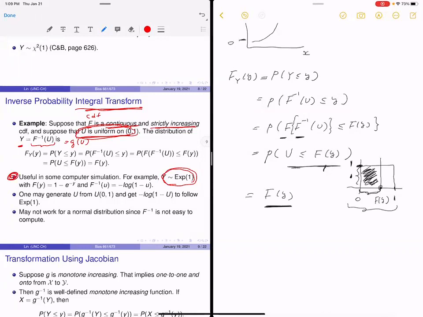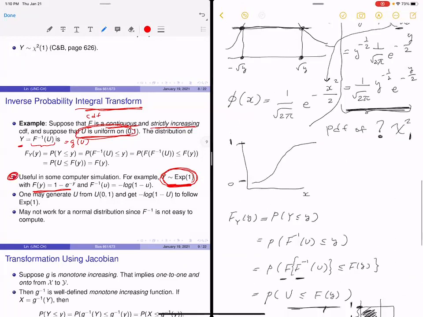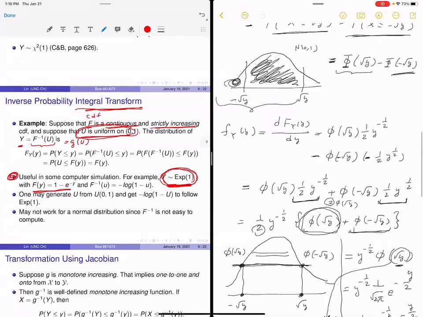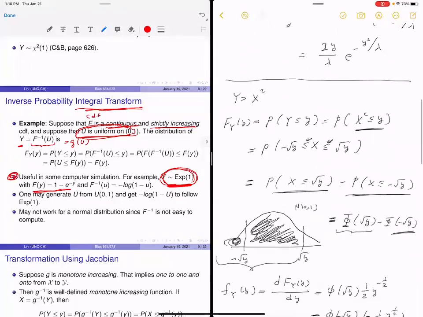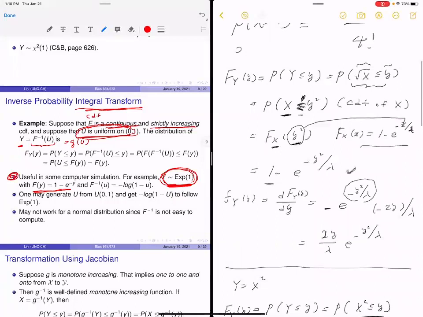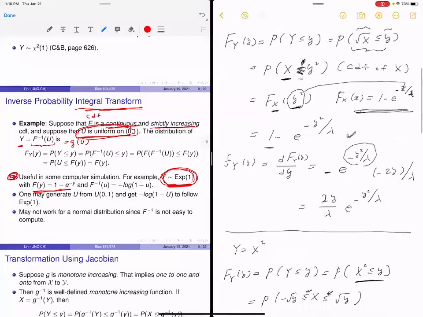In this example, if the target distribution is exponential 1, then I do know exponential 1's CDF is 1 minus e to the minus y, like I showed you right here. Where is that? Right here, this is F, this is exponential lambda, so the CDF.